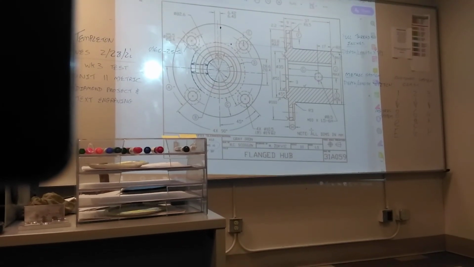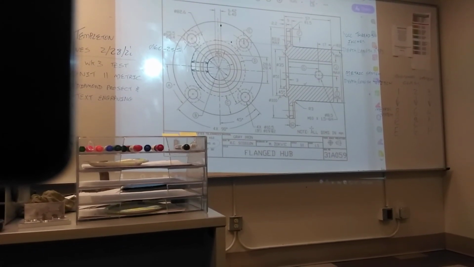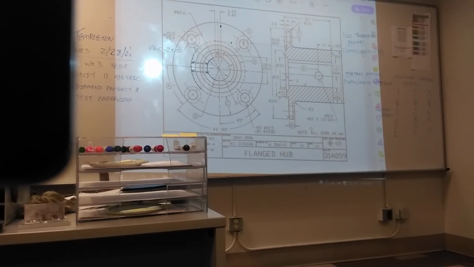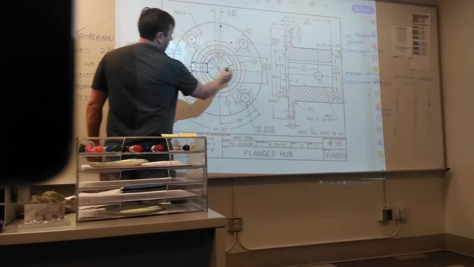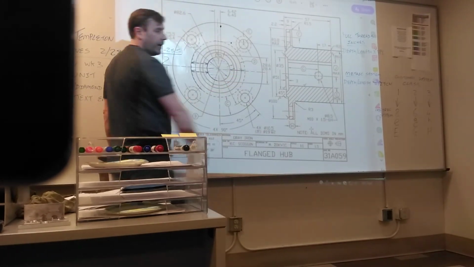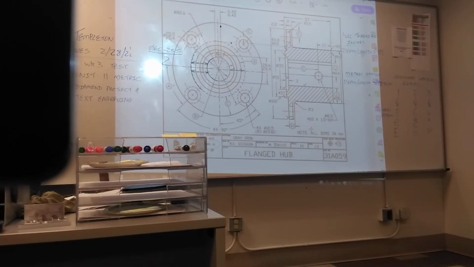What are we going to do with that number? Subtract. Let's subtract the two numbers and then what? Divide by 2. It's a wall thickness. That gives you two sides. We only want one side.